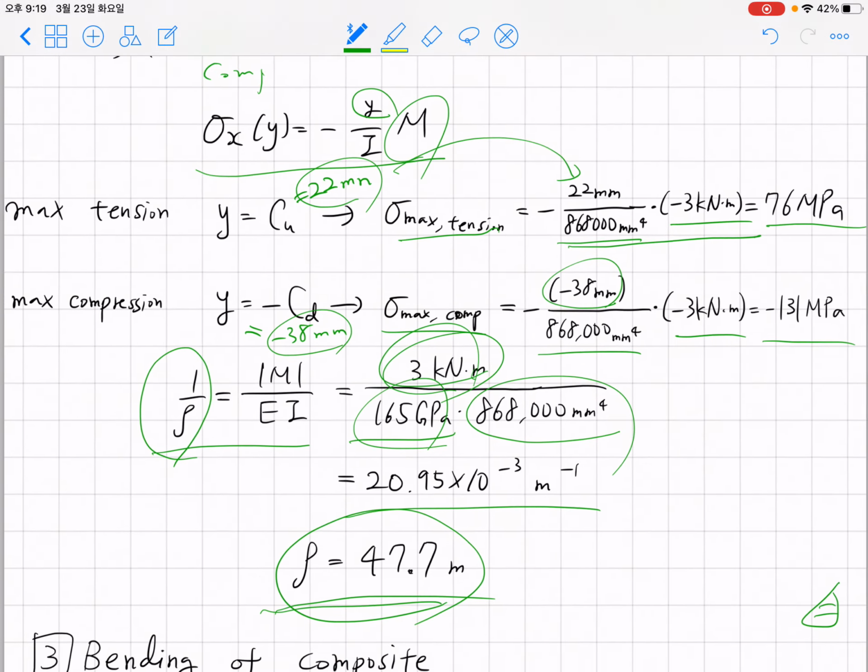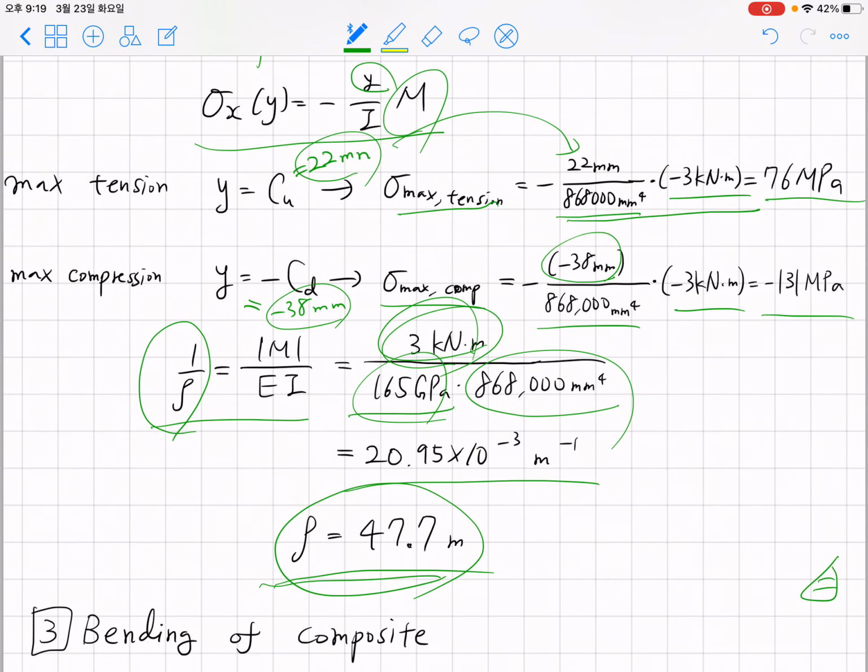This demonstrates how to apply the flexure formula for a complex cross-sectional shape. To apply the flexure formula, you have to know the origin of the flexure formula, which is the centroid, and you also have to obtain the value for I. When obtaining I, you have to do this integral, and to do that integral you also need the position of the centroid.